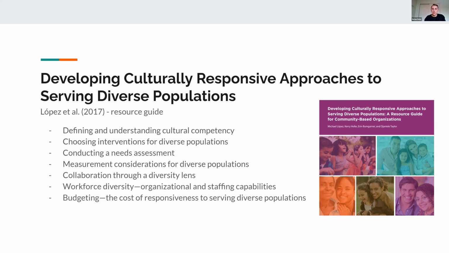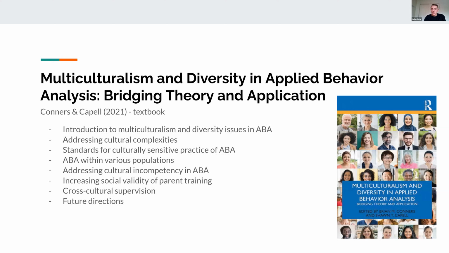Okay, go ahead, Matt. Our last resource here is actually a textbook, which is Multiculturalism and Diversity in ABA. It really talks about the effort to bridge theory and application. So again, we're trying to narrow this research to practice gap, because obviously this research that we do is important.